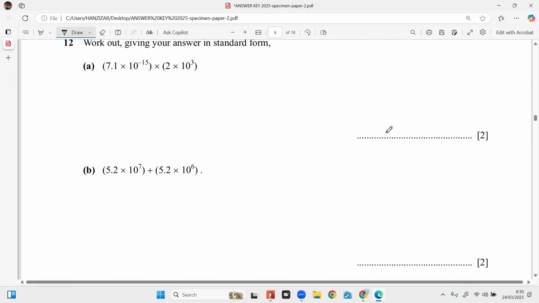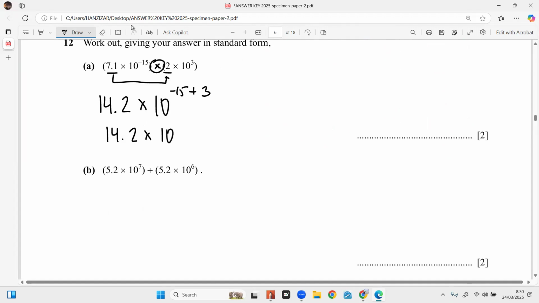We are going harder. If you multiply the indices, you just multiply this number with this number because we have multiplication. 14.2 times 10 to the power of negative 15, if you add 3, right? And then we have 14.2 times 10 to the power of negative 12. But again, this is still not a standard form.